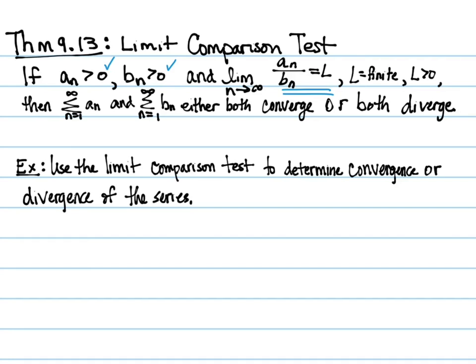Before we actually start, I want to make a comment, but it's the sum from n equals 6 to infinity of n cubed plus 2n plus 3 over n to the 5th plus 2n plus 4.